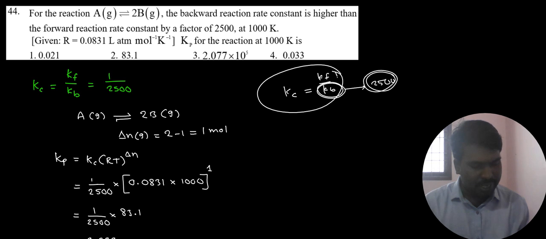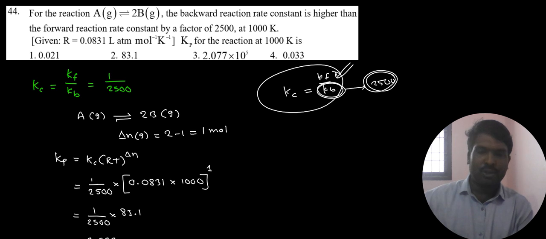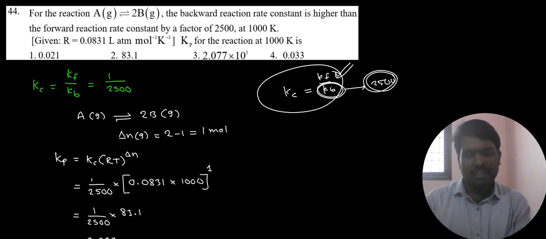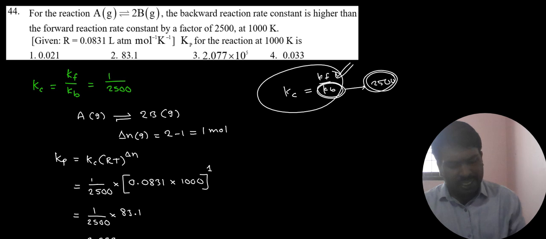But here, the backward rate constant, how many times higher? It is 2500 times higher as compared to the forward rate constant. So Kf by Kb equal to 1 by 2500. So this expression we can use.